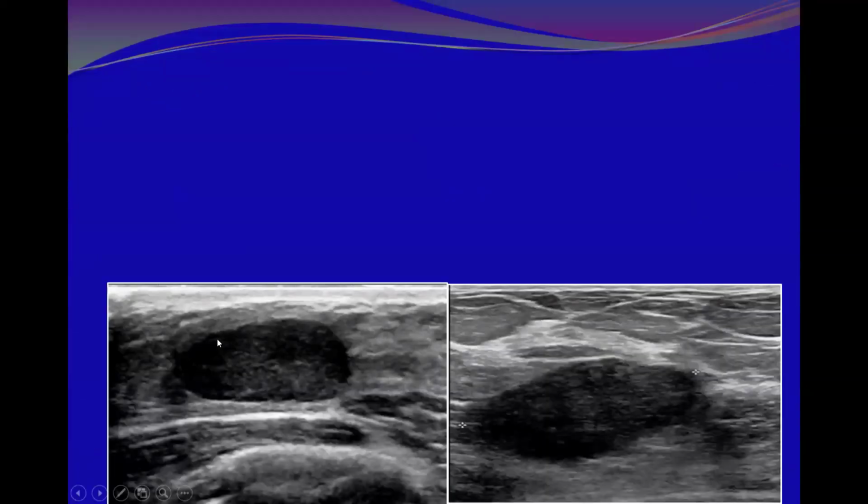Again, compare these two masses. Obviously this one is circumscribed. Though I could not see the capsule throughout in this image, I can see it at least anteriorly and posteriorly. Here it is more sharp, and here I cannot see any reaction, but I cannot see it well.